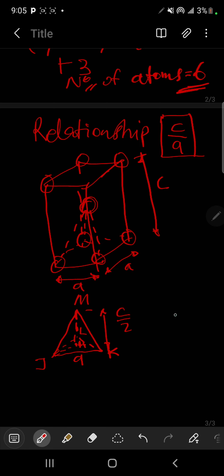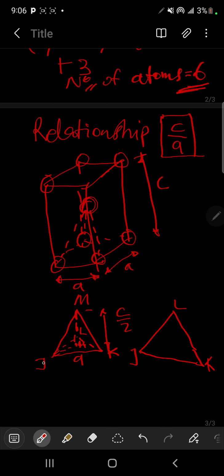Let's see what we can get from there. So that would be J, K, and L, like that.